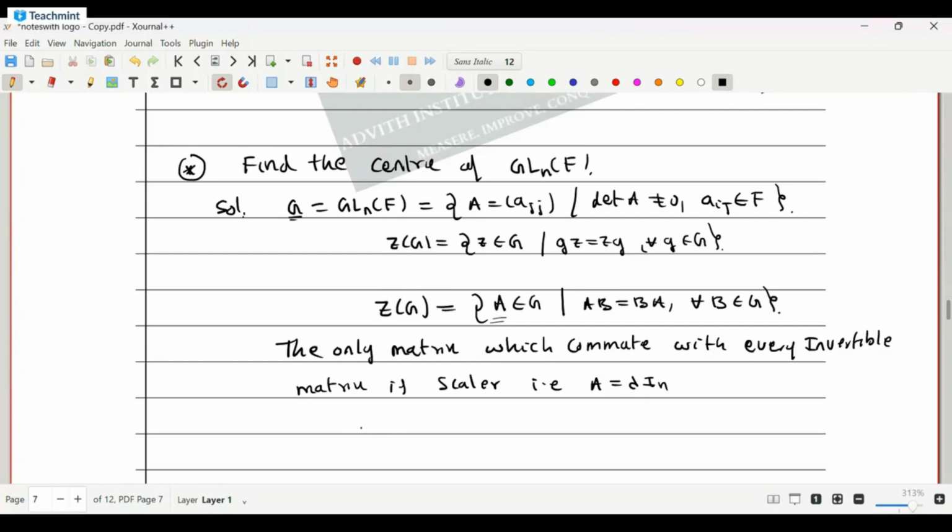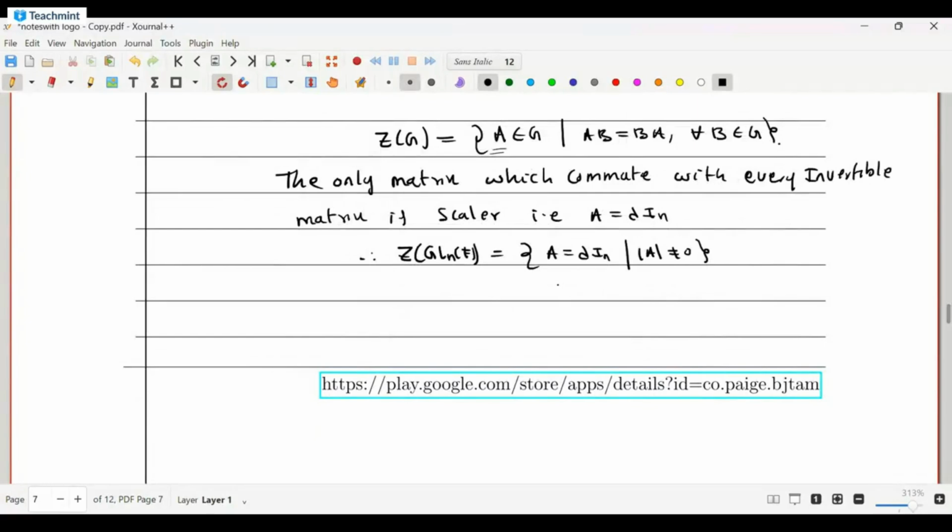So therefore Z of GLn of F must be in this form: the set of all matrices A equal to lambda In such that the determinant of A is not equal to 0. So the determinant of A is not equal to 0, but A is equal to this one, so the determinant of lambda In is not equal to 0. Determinant of lambda In is lambda power n, not equal to 0.